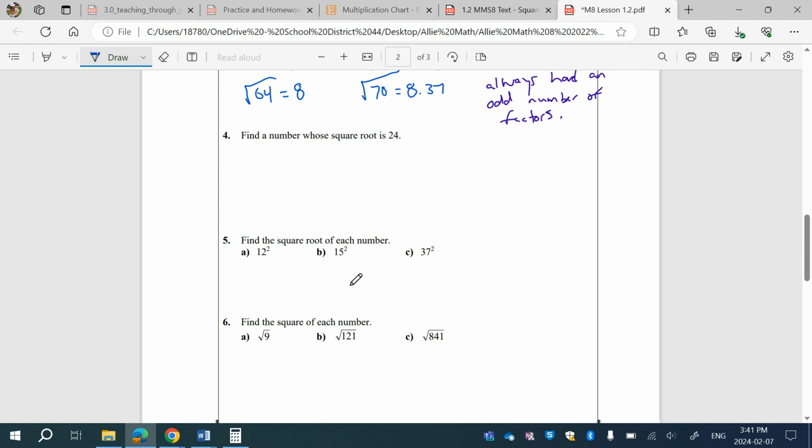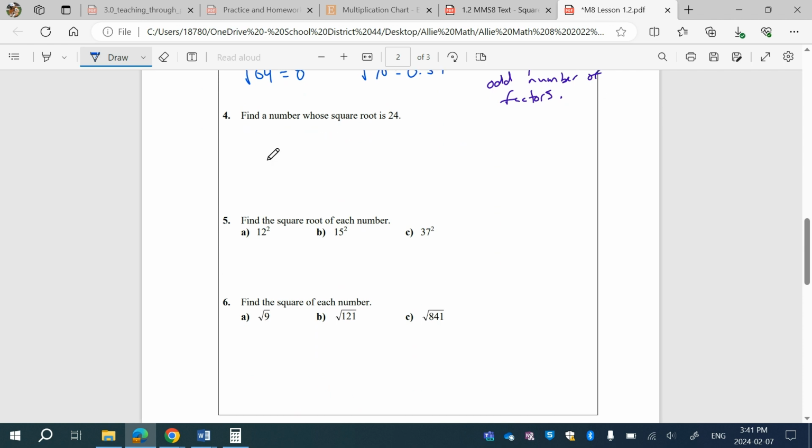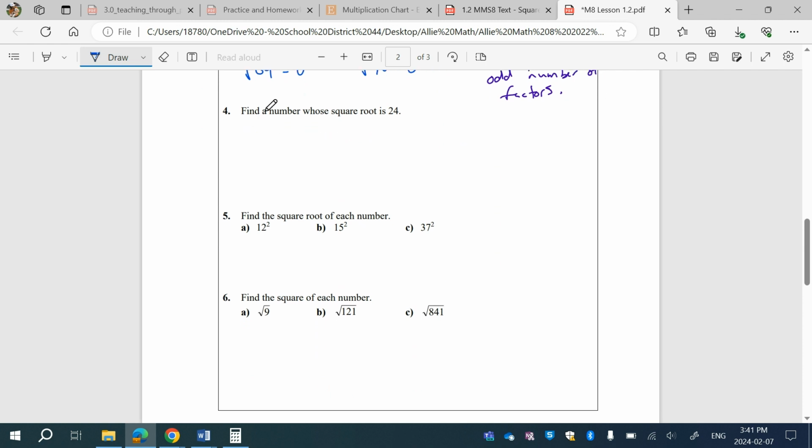Okay, let's do a few more. This one, you got to really be careful with the wording. Find a number whose square root is 24. So it's not saying find the square root of 24. It's asking for a number whose square root would be 24. Okay, so that means that we're looking for a question mark that would have 24 times 24.